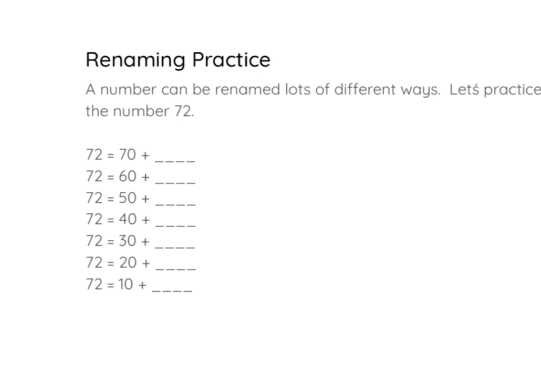All right, you should have 72 equals 70 plus 2. 72 equals 60 plus 12. 72 equals 50 plus 22. 72 equals 40 plus 32. 72 equals 30 plus 42. 72 equals 20 plus 52. And 72 equals 10 plus 62.